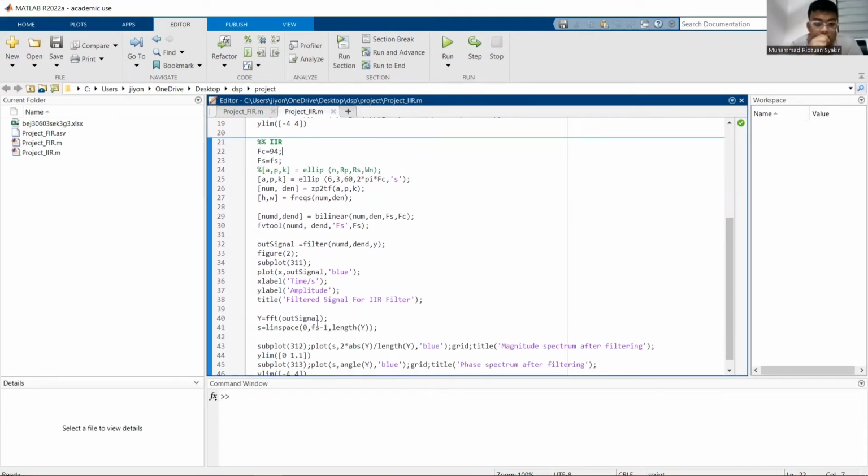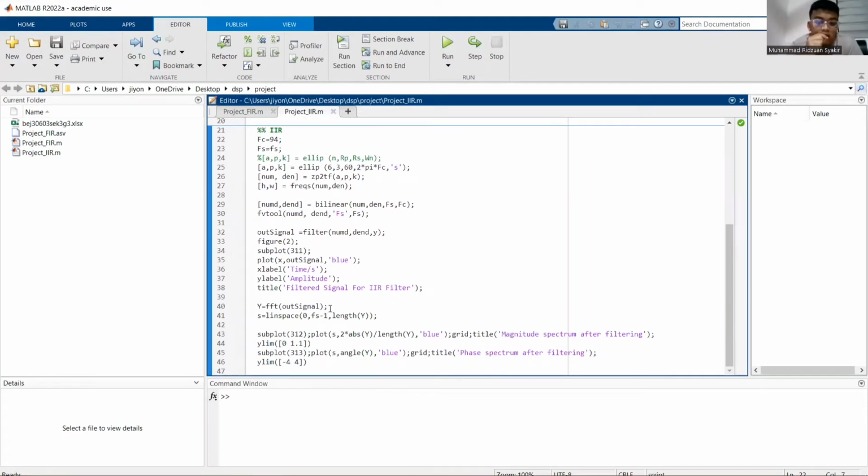And then we have Y equal to fft of the out signal, with linspace, and then subplot, plot f 2 abs length Y in blue, grid, title magnitude spectrum after filtering. Then subplot, plot angle Y in blue, grid, title phase spectrum after filtering.